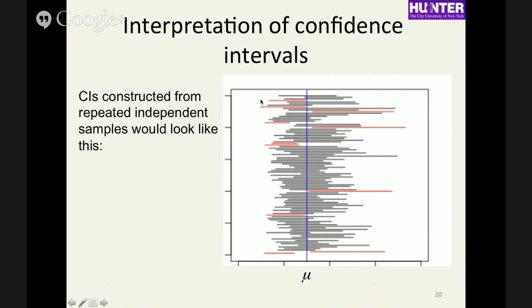If we were to double the size of these intervals, there would be a lot fewer of them that failed to capture the population mean. So you'd be more confident that you're capturing the true mean.